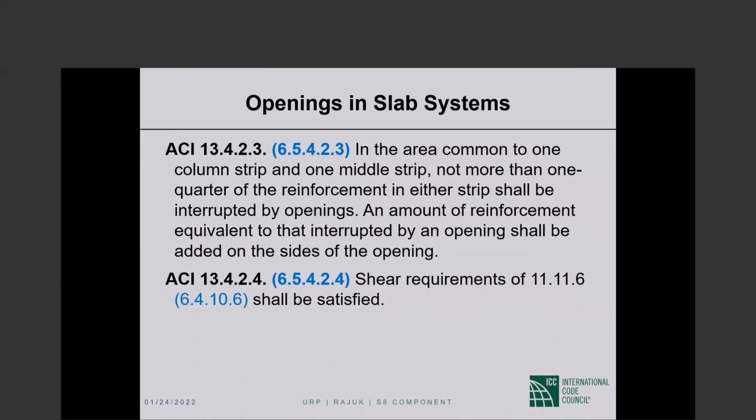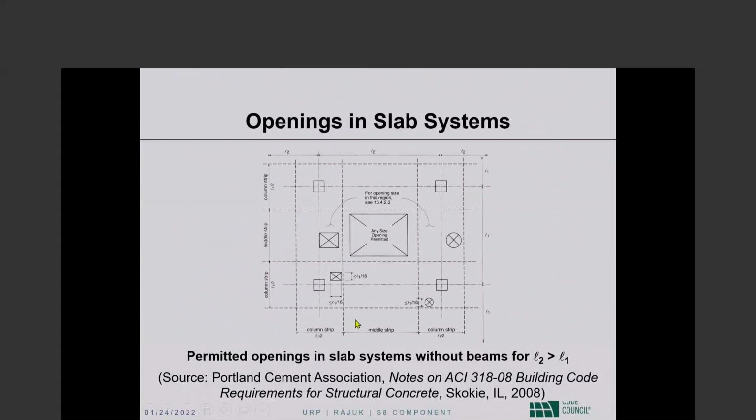All those requirements are summarized in this picture. In the area common to two middle strips, you can put an opening of any area at all. If it is in an intersecting column strip, then there are severe limitations on the size of the opening.